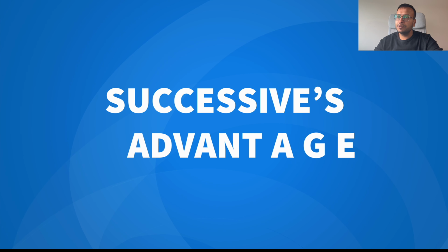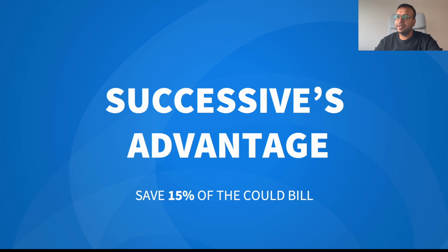Now, one of the most important decisions any company or any client has to make is to choose the right partner that they could trust. At Successive, we have a team of experts who have the right skills to analyze and evaluate the cloud bill. They will help you optimize the resources and services in the cloud. On average, they will help to save 25% of the cloud bill.